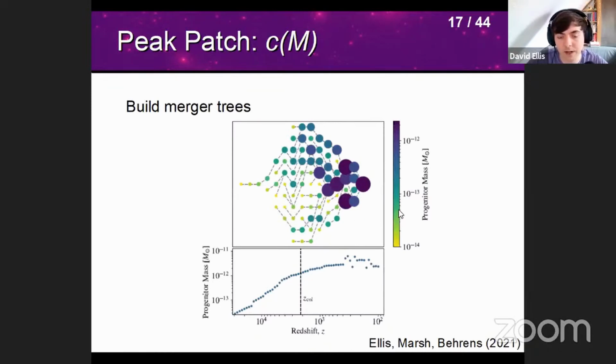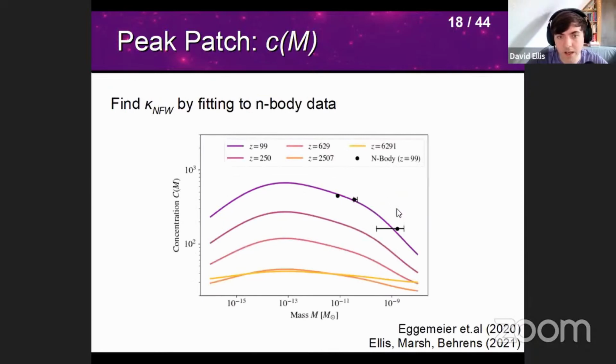We calculate that by comparing to results from N-body. To make this slightly easier to fit, because Peak Patch will give us a distribution, we calculate the average concentration-mass curve through a sort of Press-Schechter type calculation on the initial density, on the initial power spectrum.